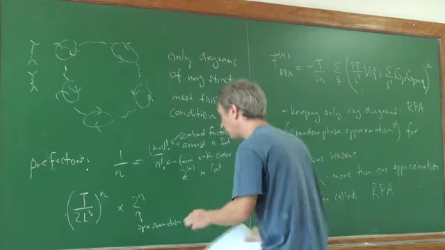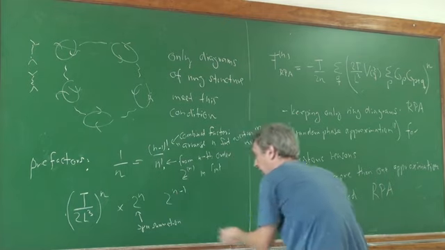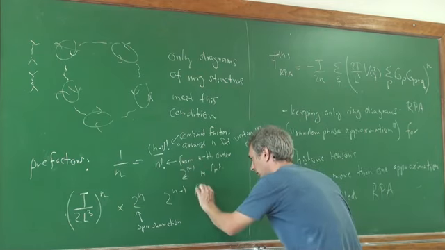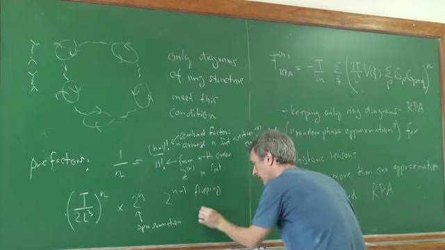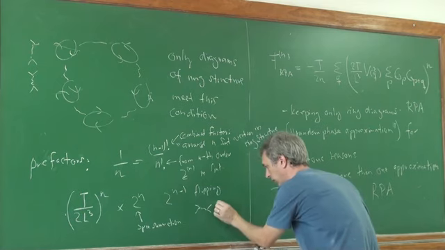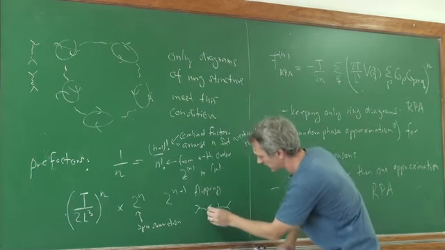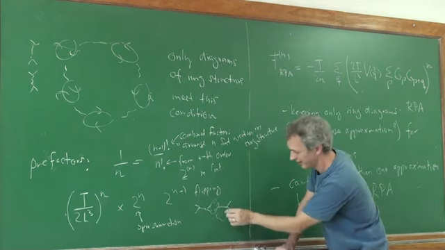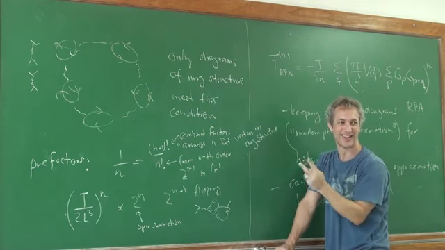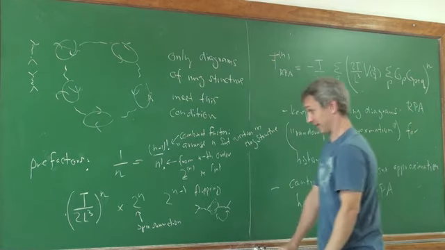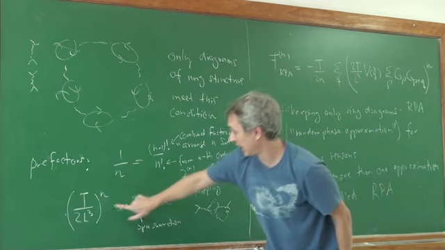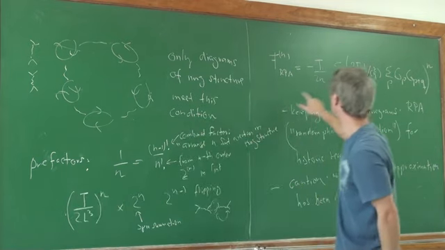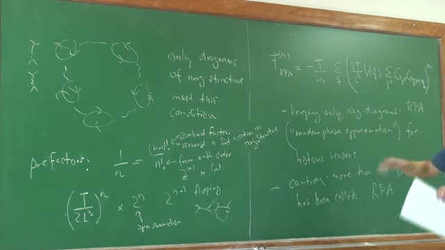So this gives a factor 2 to the n minus 1 from flipping. You can connect this way, or this way, or you can just flip it, so you know what I mean. So this 2 to the n compensates this one here. For this 2 to the n minus 1, I can write a 2 there and have a 1 over 2 here. Okay, so this explains the prefactors.